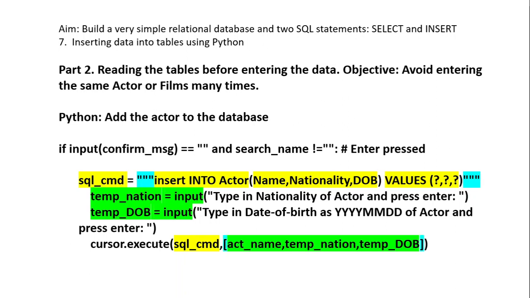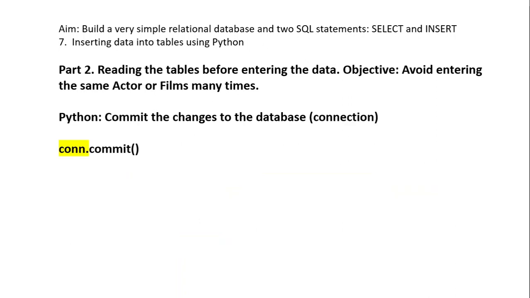Remembering to put the second parameter on the execute statement into square brackets. I then run the execute of that SQL command and the values that are going to be used with it. After that execute has completed, I'll commit the changes to the database, and I commit them to the connection, not the cursor.